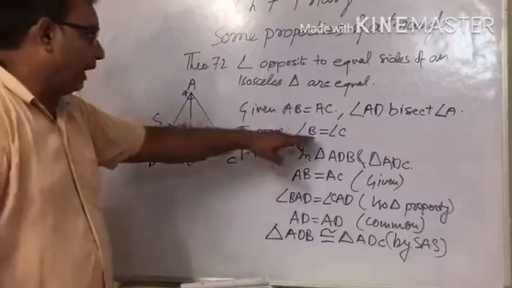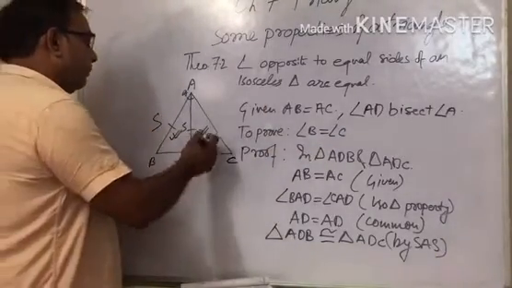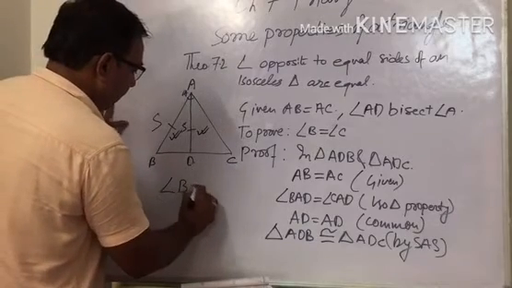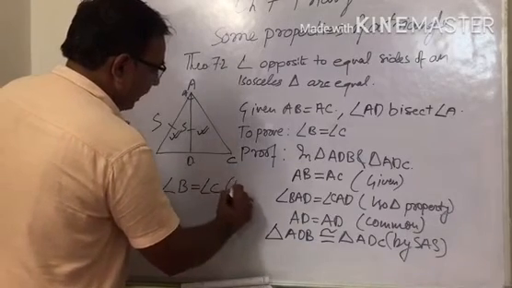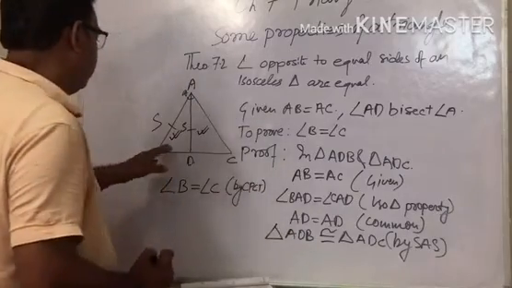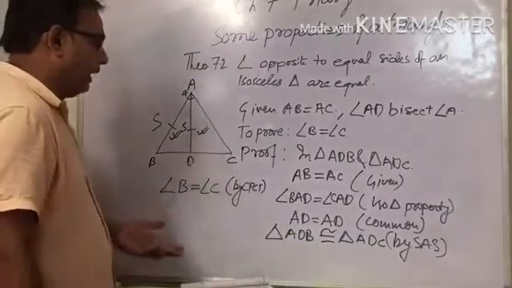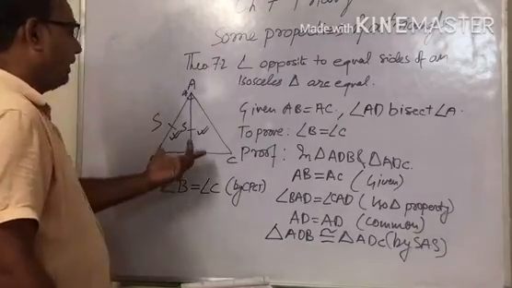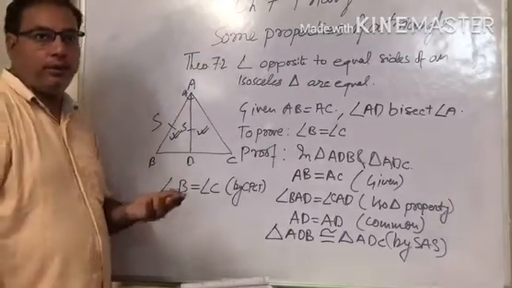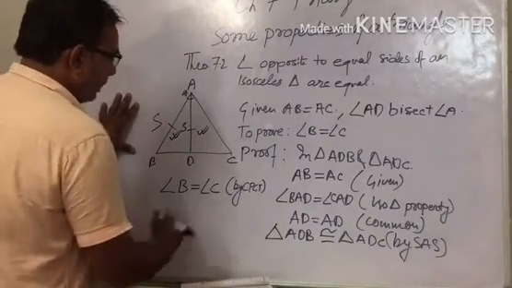But we have to prove angle B is equal to angle C. Then angle B is equal to angle C by CPCT. Basically these angles B and C are the congruent parts of the corresponding triangles. So if the triangles are congruent, then their corresponding parts are also congruent. Now B is equal to C.